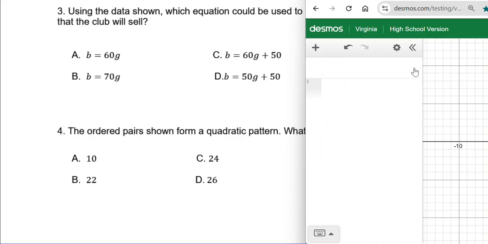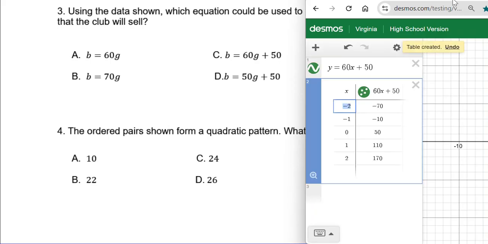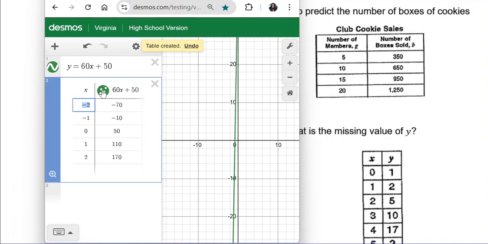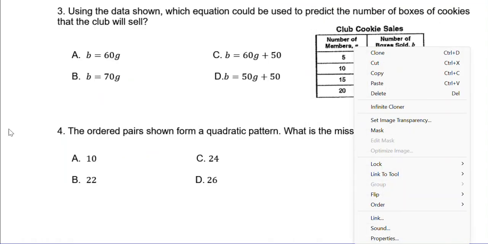Okay, that didn't work. Alright, too many shortcuts. Let me just start over. Y equals 60x plus 50. Turn that into a table. Change the x values to match what I have here: 5, 10, 15, and 20. And there you go. That matches perfectly. It was C.